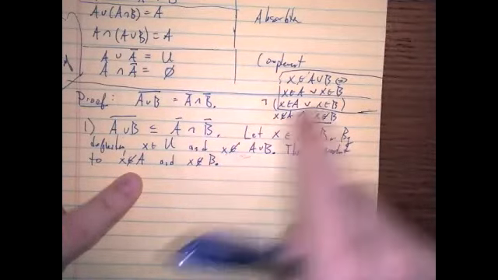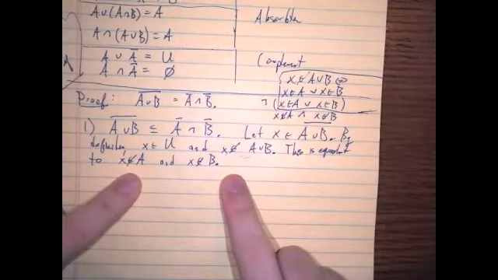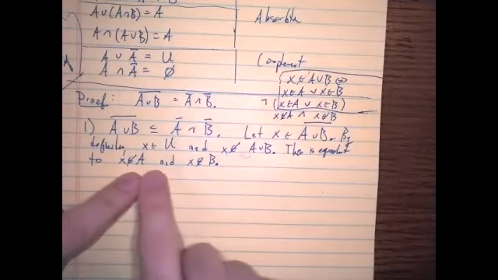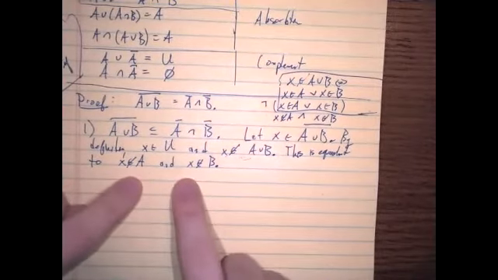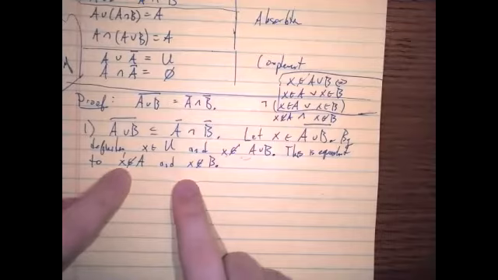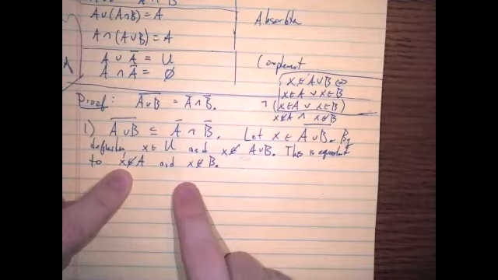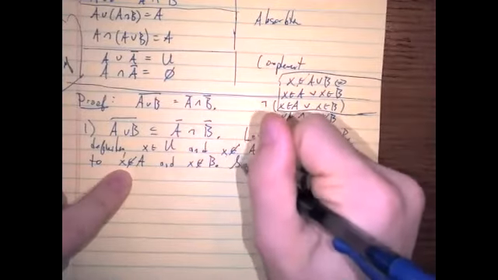Is this step clear? So now that I've separated out into two separate statements, what does it mean if X is not in A? Yep, if X is not in A, then it has to be in the complement.